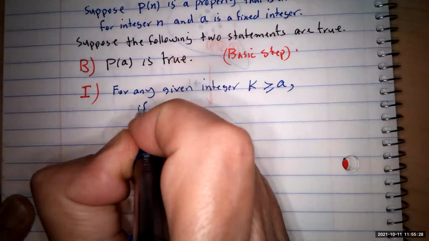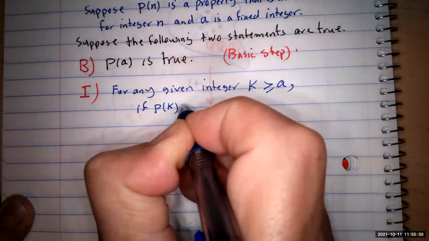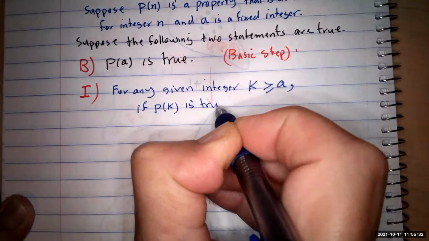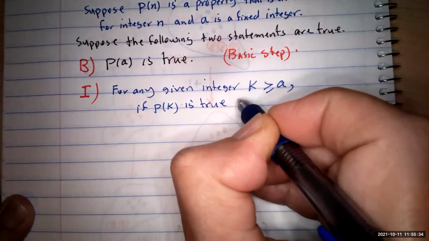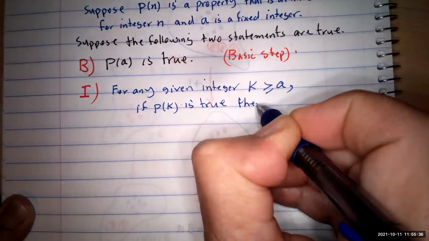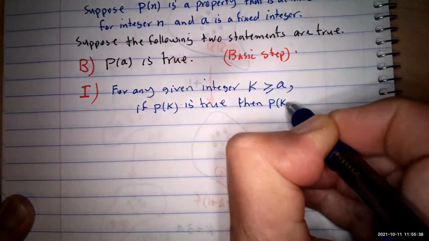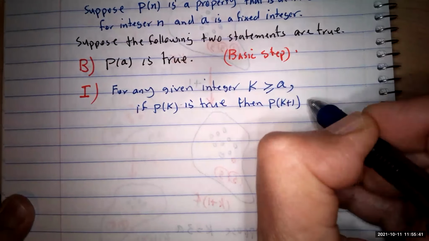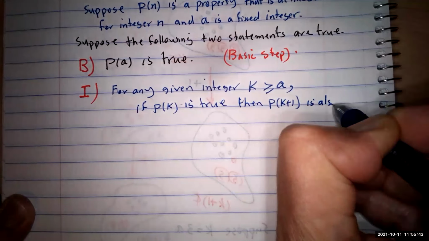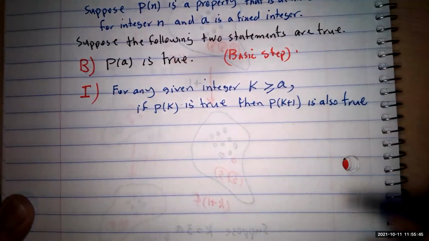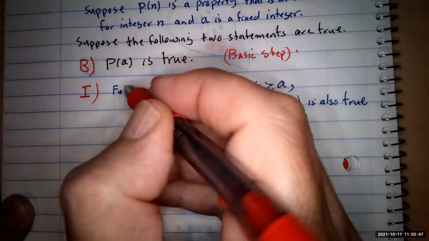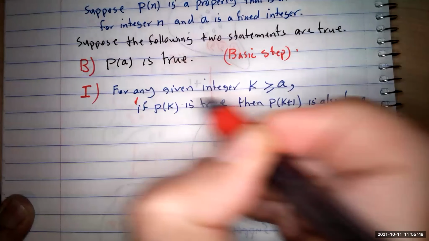If Pk is true, then Pk plus 1, this is your job, is also true. So you have to assume one of them, as we did, and prove the next step is going to be true.